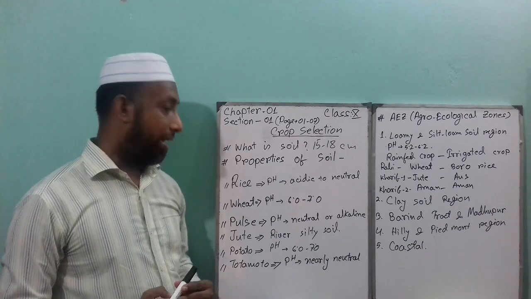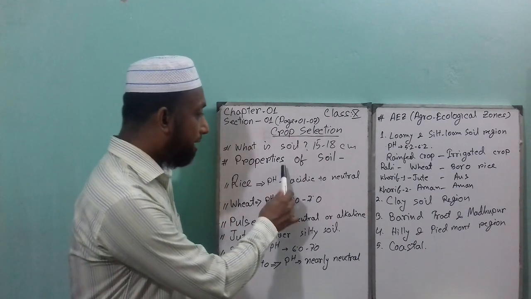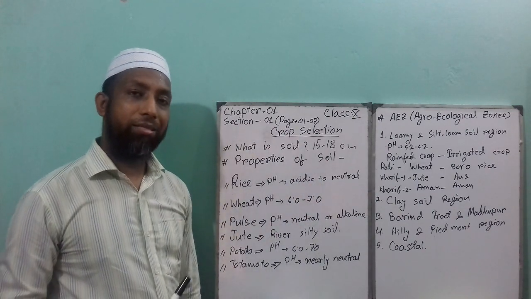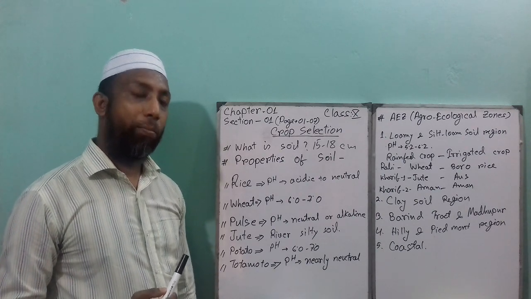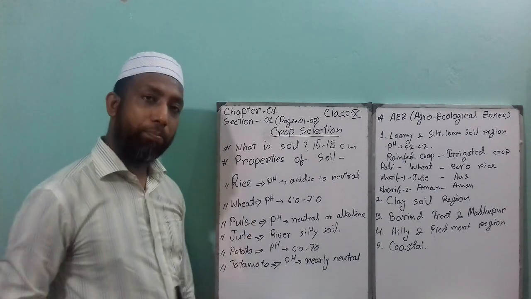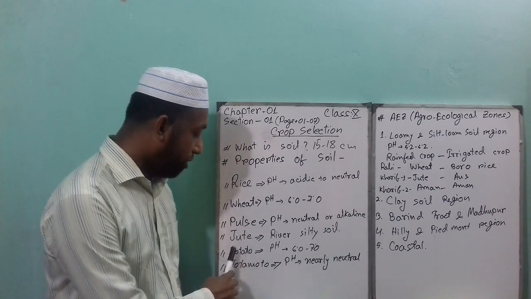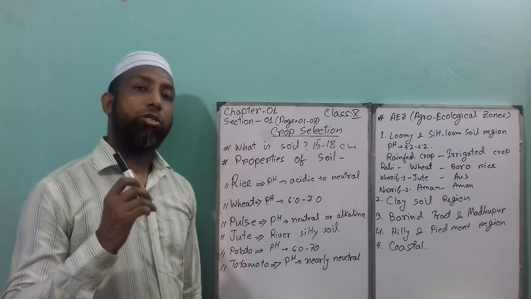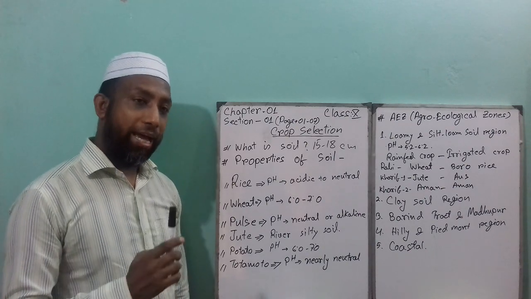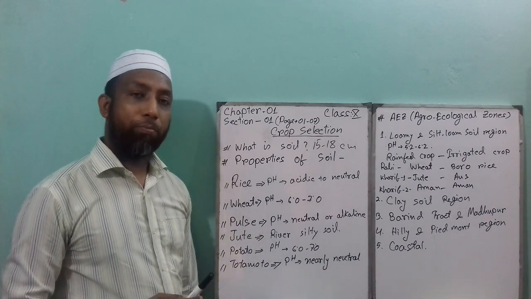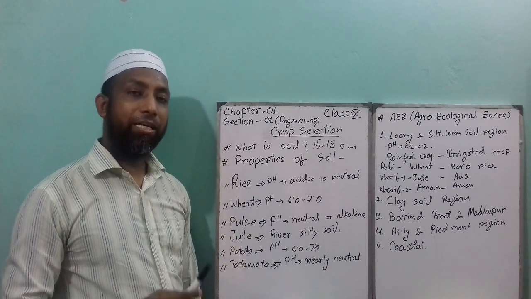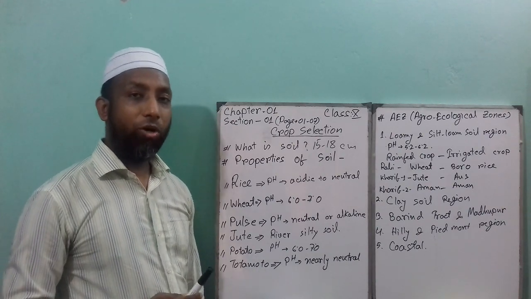Then the next point is properties of soil. Today I will discuss some crops' properties: rice, wheat, pulse, jute, potato and tomato. I told you before that not all types of crops can be cultivated in all types of soils.